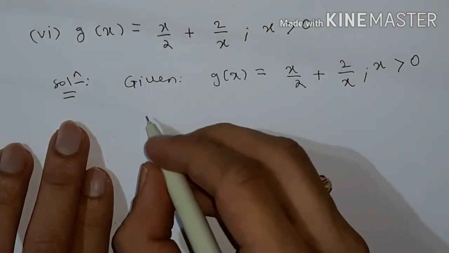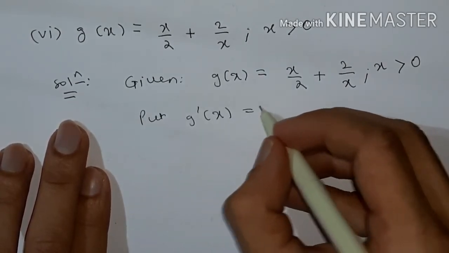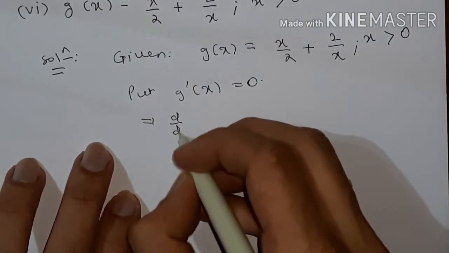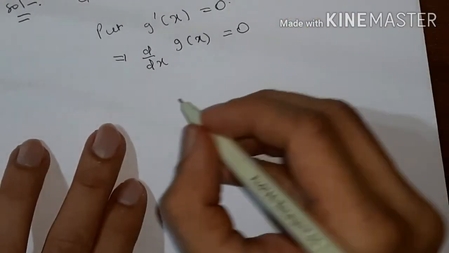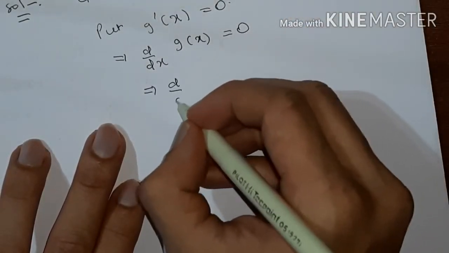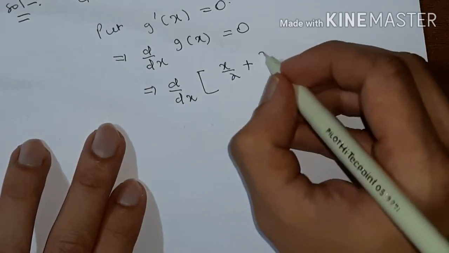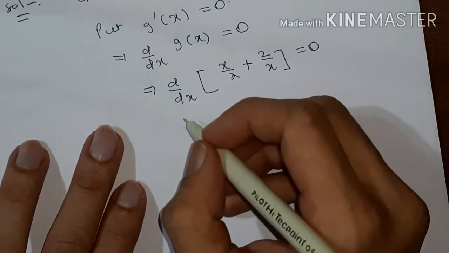Now the first step is to put g prime of x equal to 0. That means the derivative of g of x, which is x by 2 plus 2 by x, equal to 0.